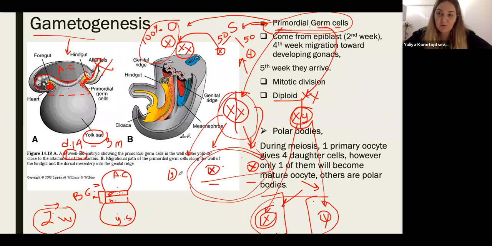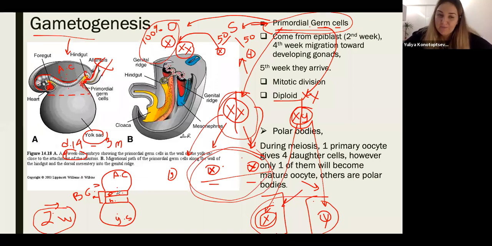In the embryo, we don't call it testes or ovaries. It has a name and it is called gonads. So in the embryo, testes or ovaries are called gonads. Even though PGCs arise from the epiblast, the area where they need to go to become gametes is actually the gonads.